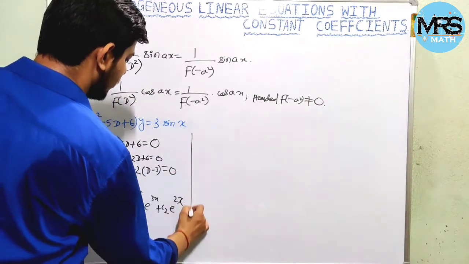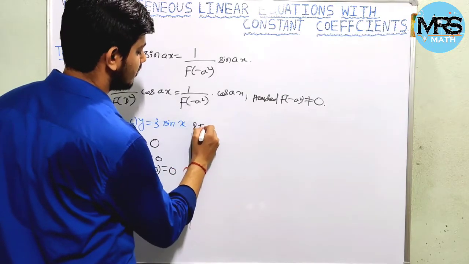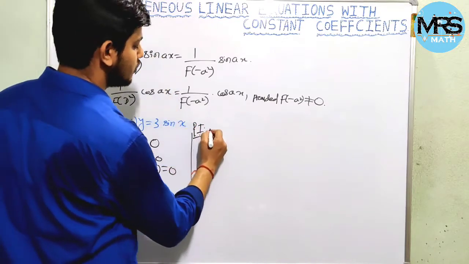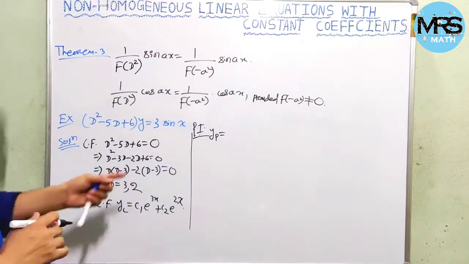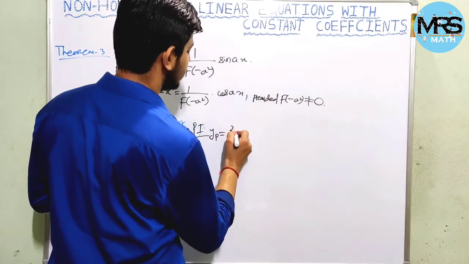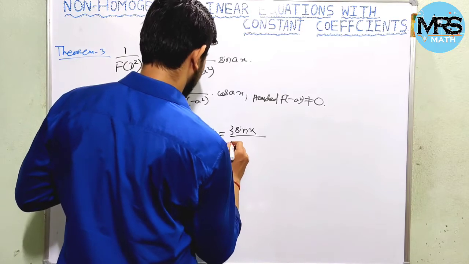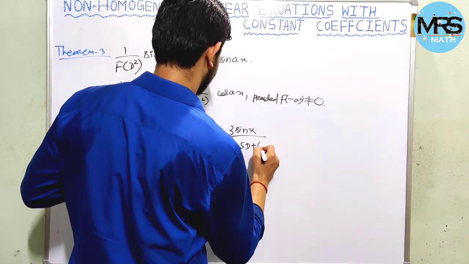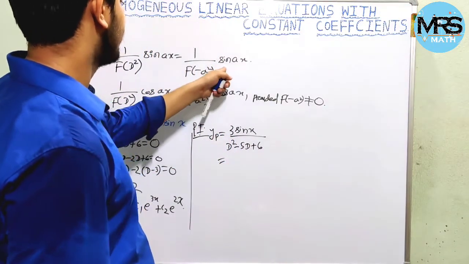Okay. Now the main important part, the particular integral, which we will calculate based on this theorem. So yp is equal to 3 sin x over D square minus 5D plus 6, right? This one we have to solve, which is in the form of this.